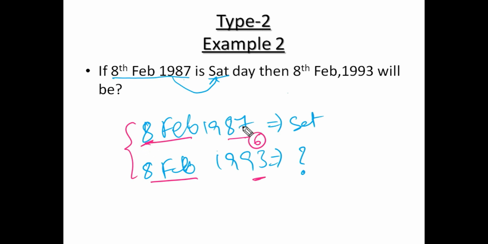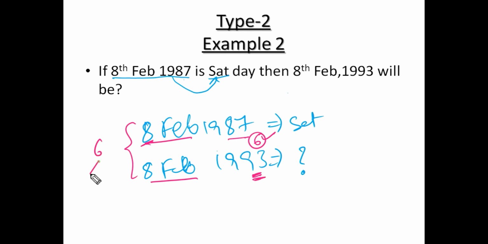But 88 to 89, yes, it is a leap year. 89 to 90, not a leap. 90 to 91, not a leap. 91 to 92, not a leap. But 92 to 93, yes, it is a leap year because Feb 29th is covered in the duration. Overall, in these 6 years, there are 2 leap years.